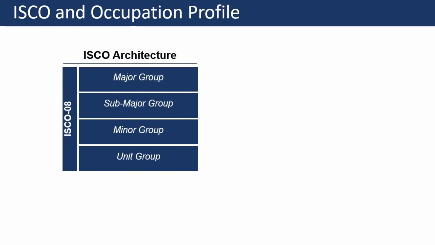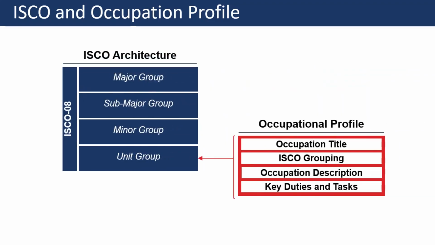Let's explain the connection between ISCO and occupational profiles, highlighting how occupations are organized and described. On the left, we see the ISCO architecture, which classifies occupations into 4 levels: major group, sub-major group, minor group, and unit group. On the right is the occupational profile, which captures key information about a specific occupation.